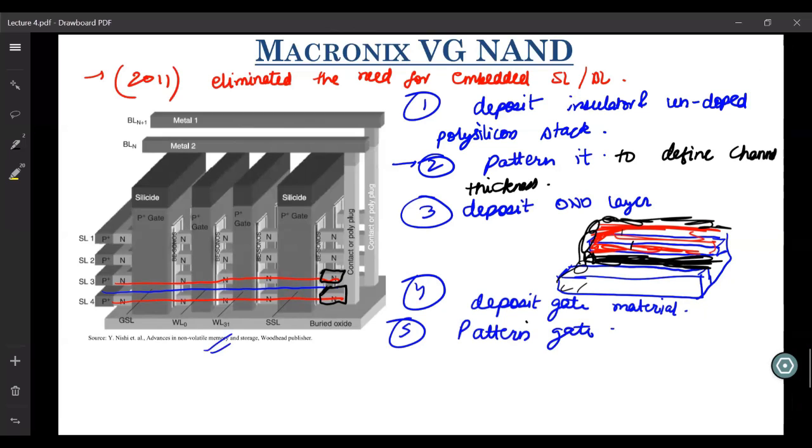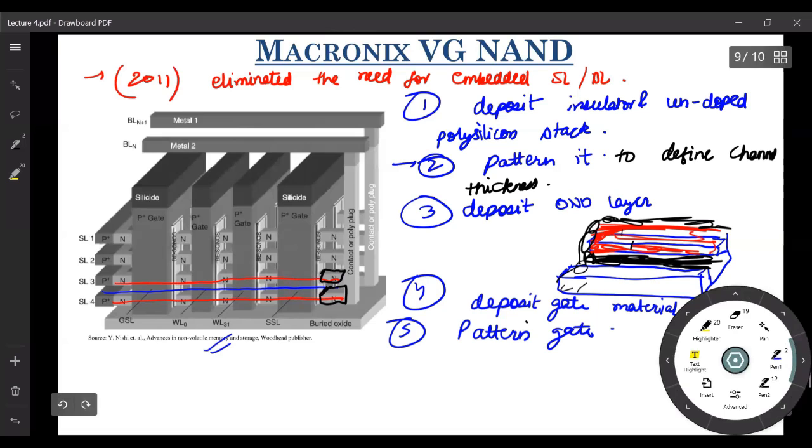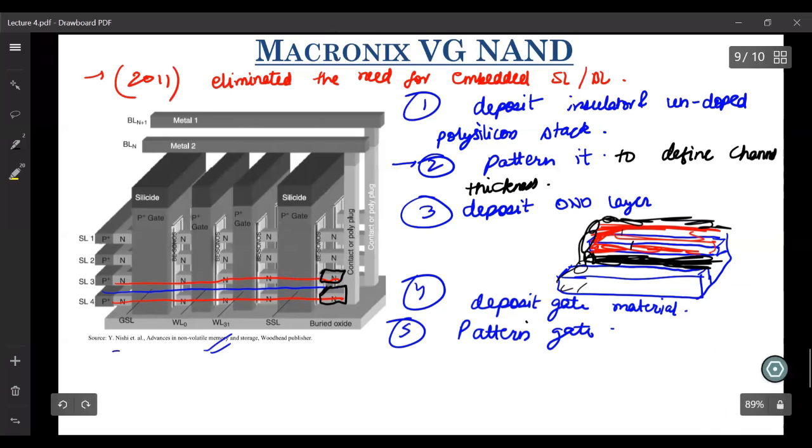It's a very complex structure, but the fabrication is not that difficult. And then once they have this structure, they have to make source line and bit line contacts, right?